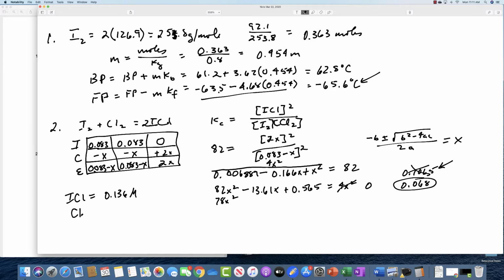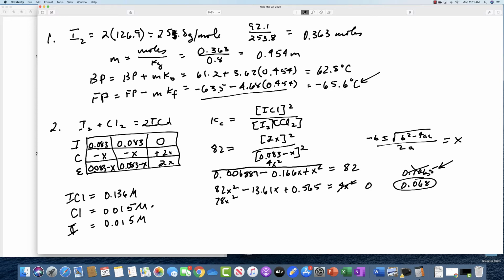The concentration for Cl is going to be the 0.083 minus this number here, or 0.015 molar. And then the concentration for I is also 0.015. And so that's how you do this problem.